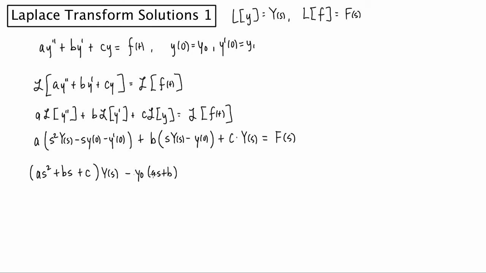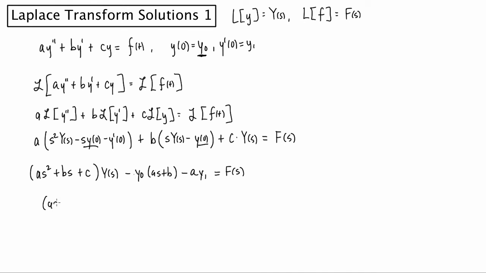We get a minus a s y naught from here and a minus b y naught from there. So remember, y of 0 is equal to y naught. I'm just taking this piece and putting it here. And then if you look at the derivative, we get a minus a times y prime at 0, but y prime at 0 is my y1, so I'm going to call this y1. And that equals F of s.